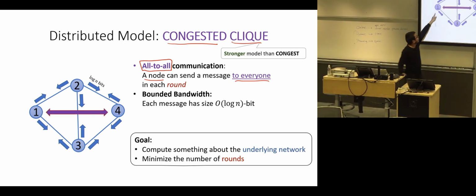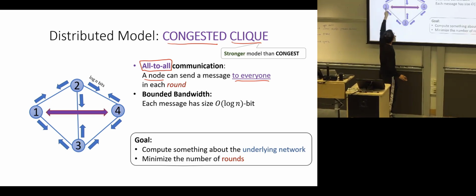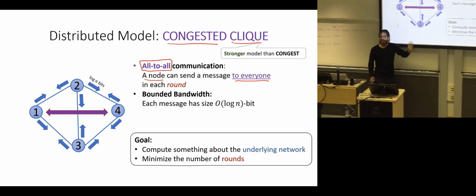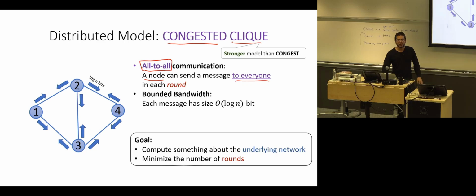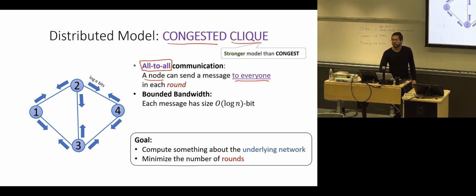So I would, for example, allow 1 and 4 to talk to each other, even if in the underlying network there is no edge. That's called congested clique. So you understand these two models, right? One is just stronger. Okay.